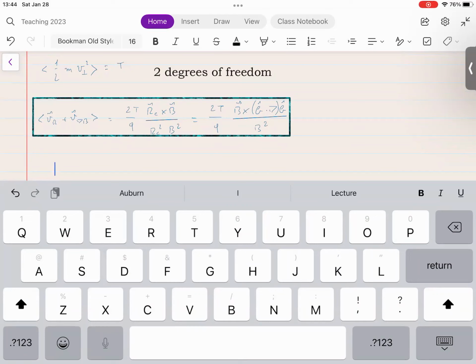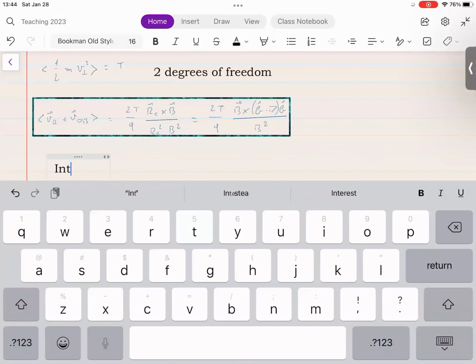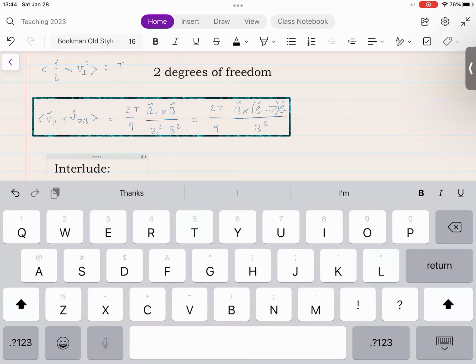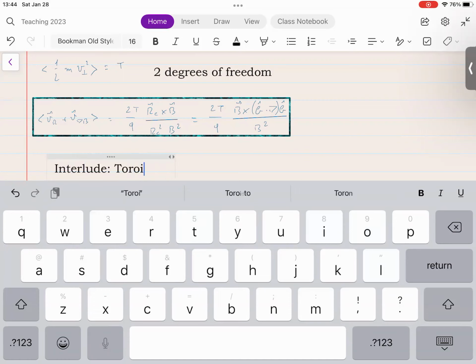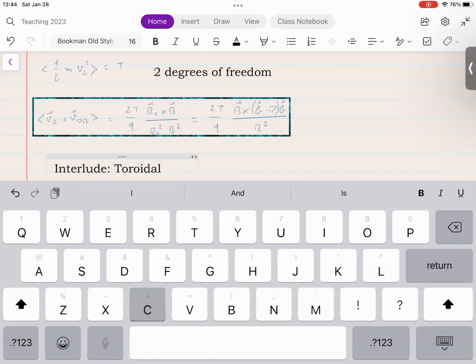I'm going to follow the notes I'm following also in the naming convention. So I'm going to call this an interlude. And this is going to be about the toroidal confinement of single particles.